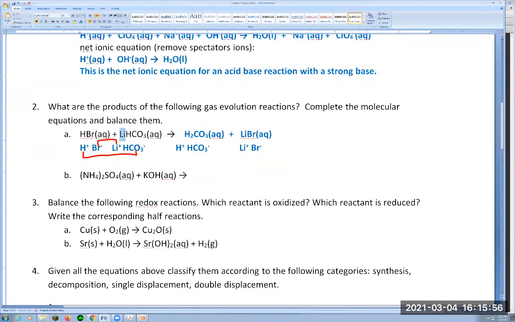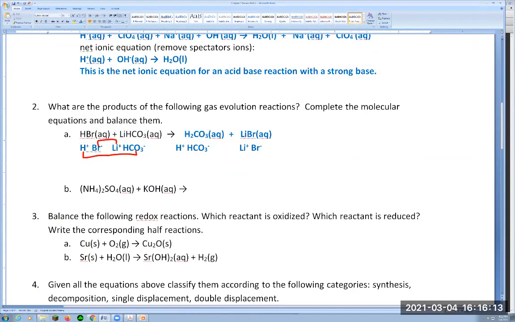You can see you have one Li on the left, one Li on the right, one bromine, one bromine. And then the HCO3 combines with the H to make H2CO3. One thing you need to know is that H2CO3, the carbonic acid, is unstable.